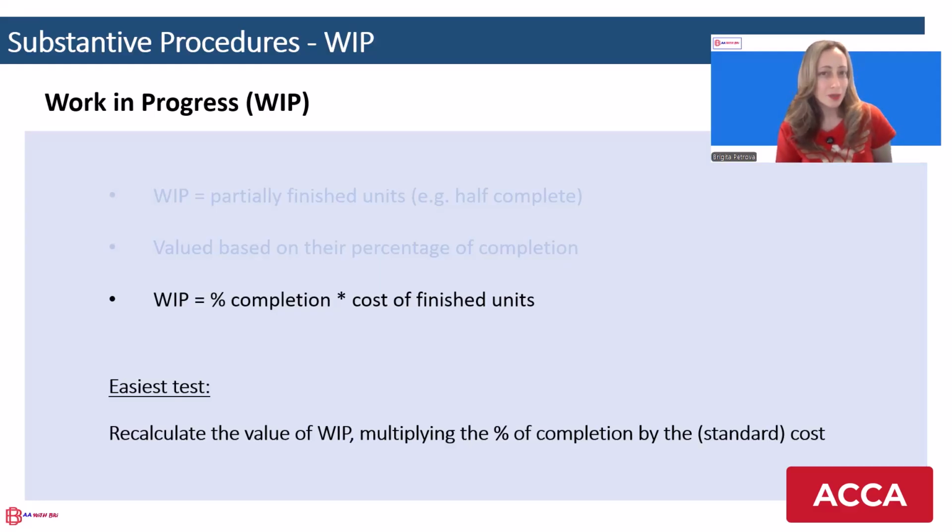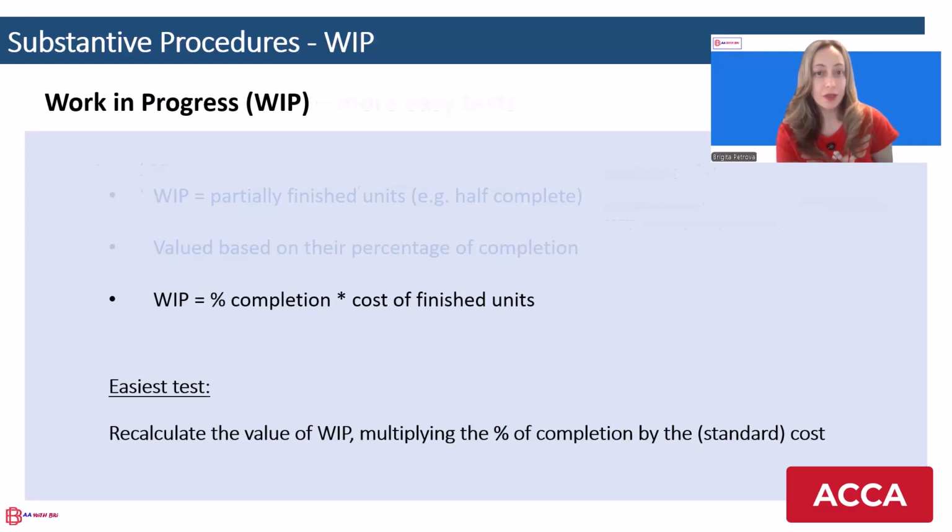And I put standard cost in brackets here simply because in many questions in AA, you will be told that WIP is valued based on the standard cost, which is the expected cost, not the actual cost. But pay attention because not every question says that. So only use standard cost if you have it in the scenario, okay? So yeah, we got one test quite easily. I hope it makes sense.